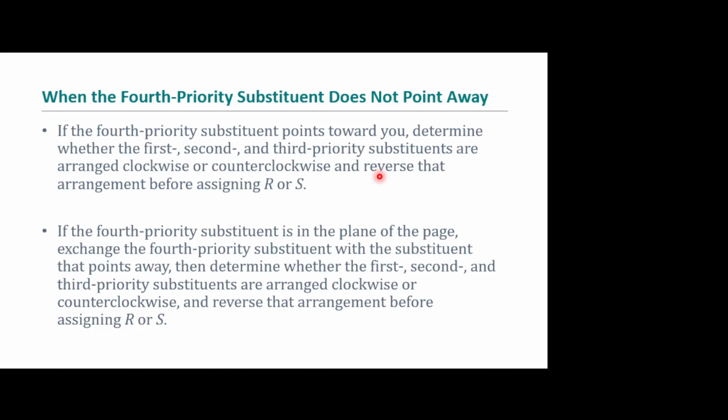If I do it when I'm looking down the opposite direction, and I got an S, counterclockwise, right? Then that means the actual assignment was the exact reverse, wasn't it? Okay? So again, that's in cases where your hydrogen is pointing straight out towards you, okay?